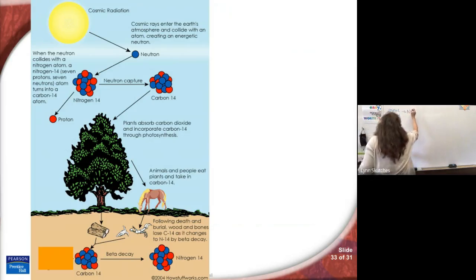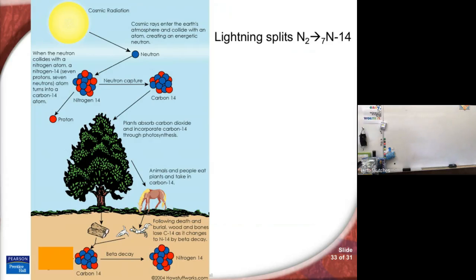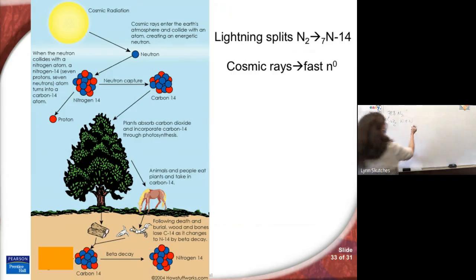Oops, I got to go back a step. Sorry, I forgot one step. One of the things, I hope most of you know, is that 78% of our atmosphere is nitrogen gas. Lightning rips nitrogen gas apart into 2 nitrogen atoms. Okay. Then come cosmic rays, and they slam into a nitrogen.